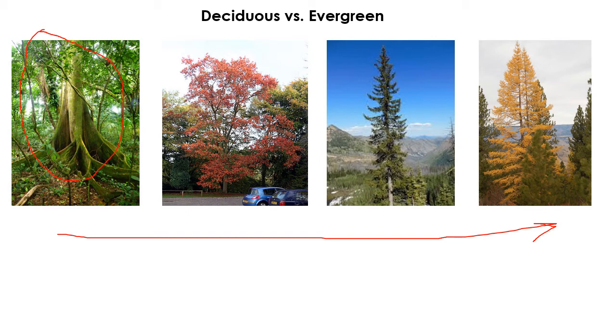If you can't photosynthesize and you're not getting any water, you're going to lose a lot of water through the leaves, so it's better to drop them. And so that's what we see here.